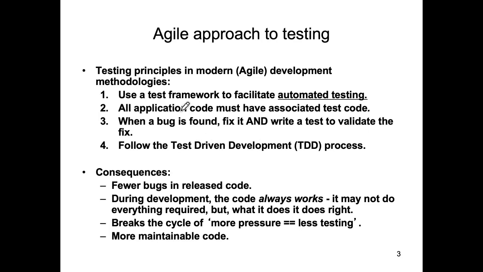The consequences of adopting all of these principles are fairly obvious. You've got better software, fewer bugs. You break this cycle between more pressure equals less testing. More pressure as in you're under pressure to deliver your application, or some part of it, or an upgrade to an application to your customer.